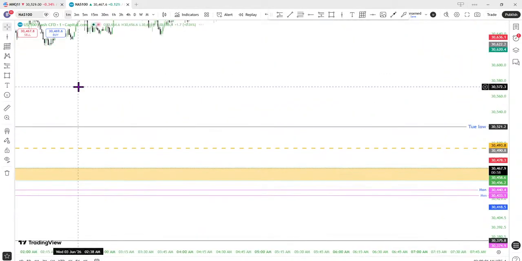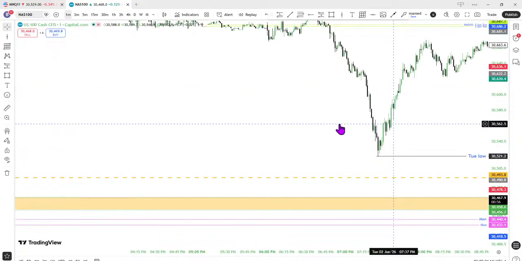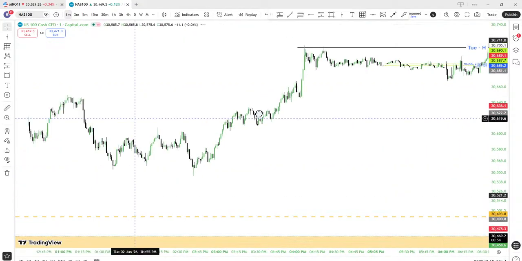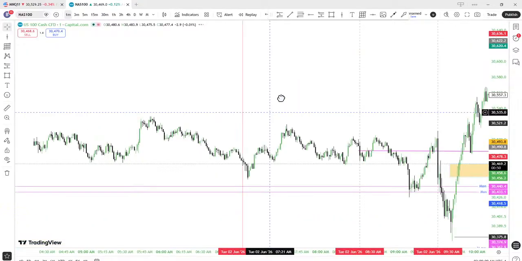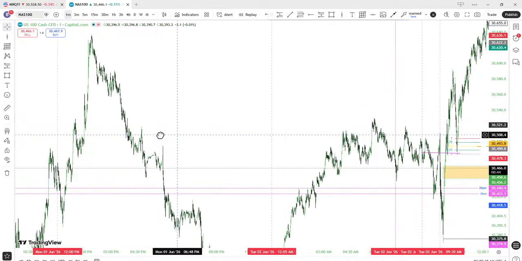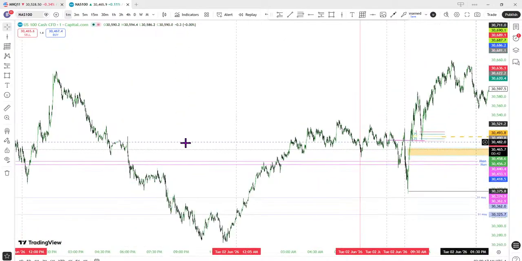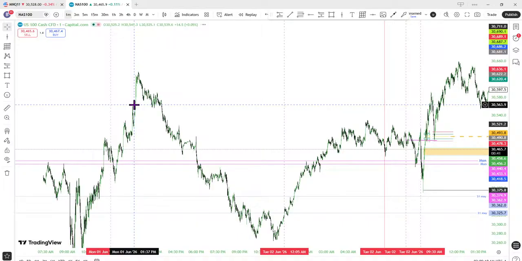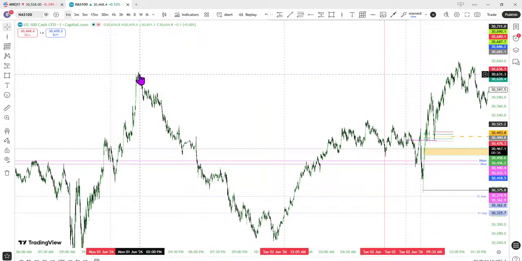Let's move back to Tuesday's trade. After you have calibrated your chart, I want to see you mark out the previous day, which is Monday's trade. This is where 12 o'clock Tuesday started, and this is the previous day high on Monday.